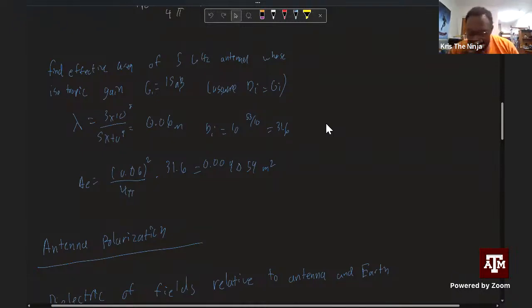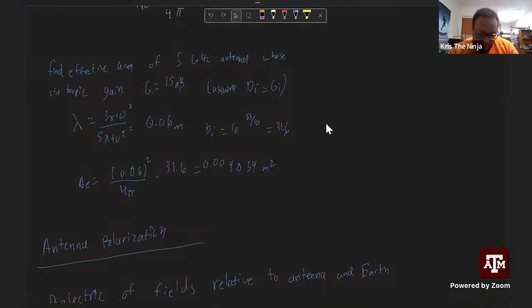In this example, you find lambda once again by using the value c, which is the speed of light, divided by 5 gigahertz. So that's 5 times 10 to the 9th. That gives us 0.06 meters. And just as a natural rule, you can never, ever, until I learn otherwise, work with dB while it's in decibels.